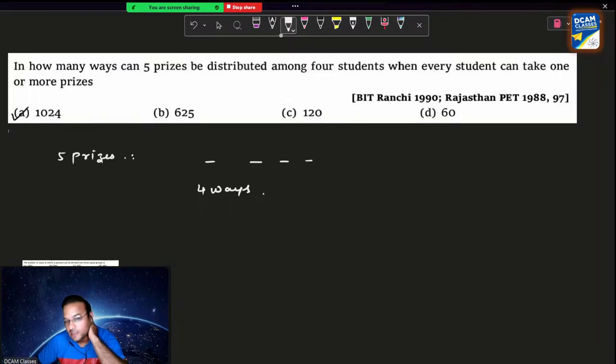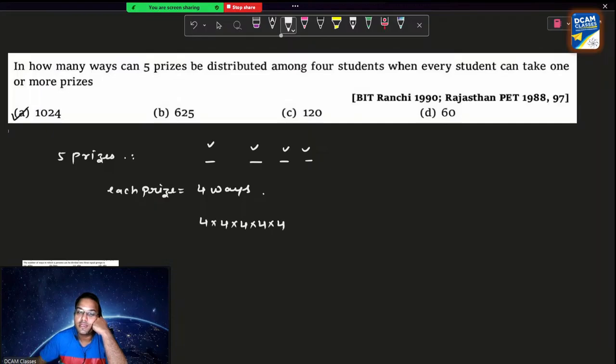Each prize can be distributed in 4 ways among 4 students, na? One prize can be given either to this student, or this, or this, or this. So 5 prizes can be given in 4 into 4 into 4 into 4 into 4 ways. That's 4 power 5.